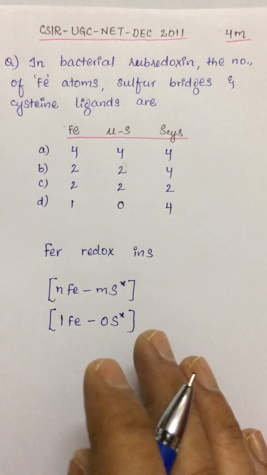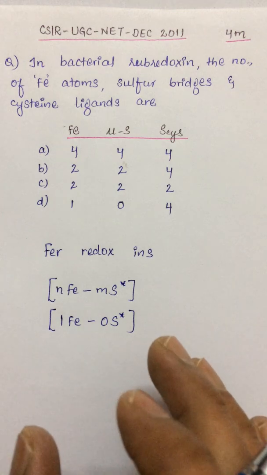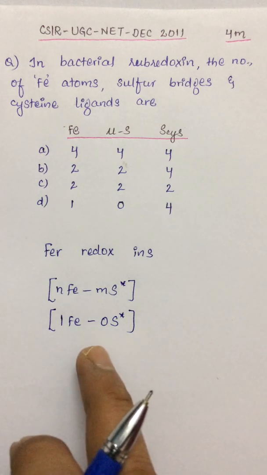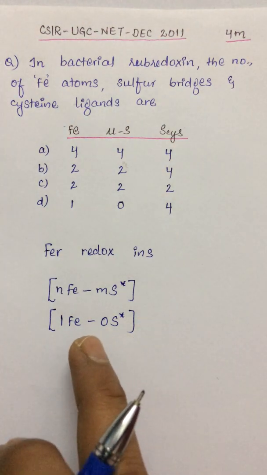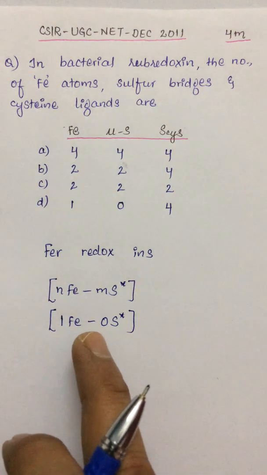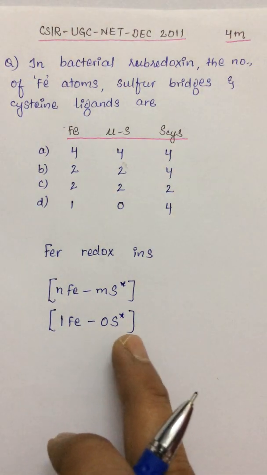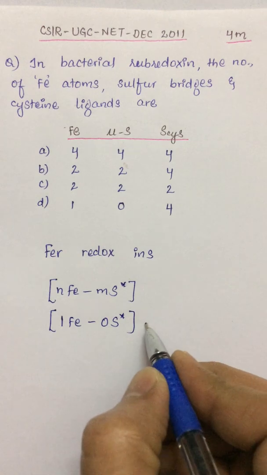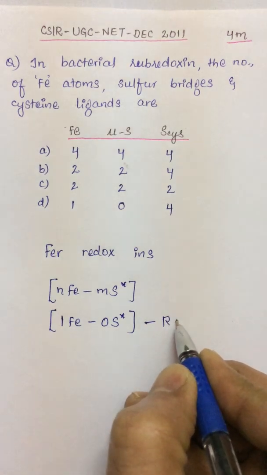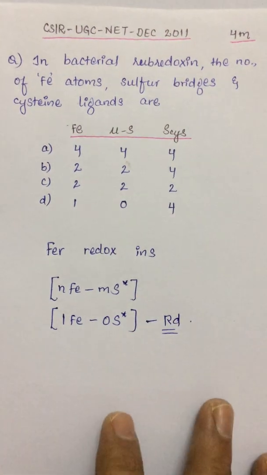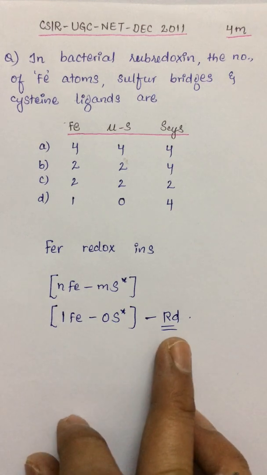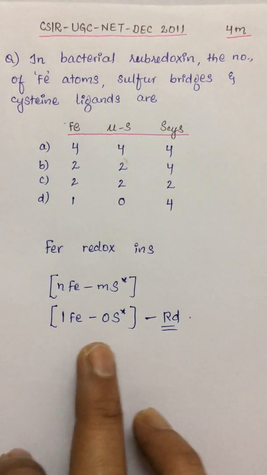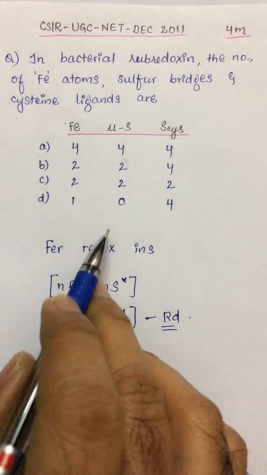Why is it named rubredoxin? Because it has a red color. So the single iron and single electron carrier which has a red color is referred to as rubredoxin, and it is abbreviated as RD. So we got our answer that rubredoxin has only one iron and 0 labile sulfur. So the option must be D.